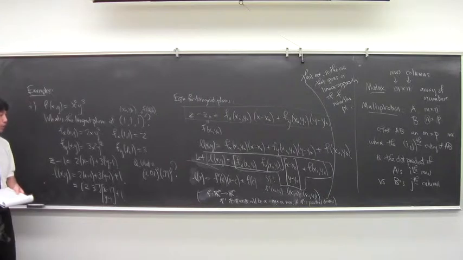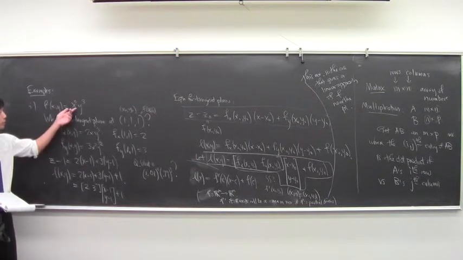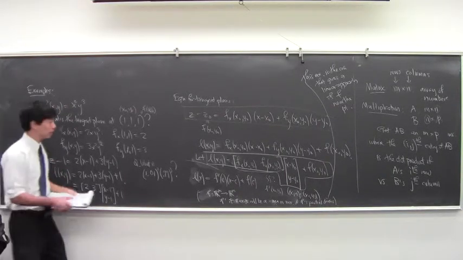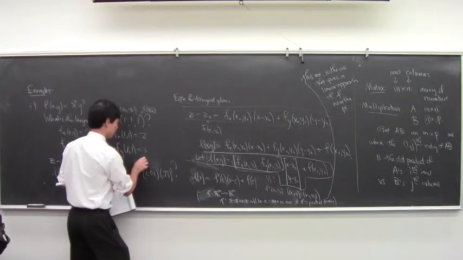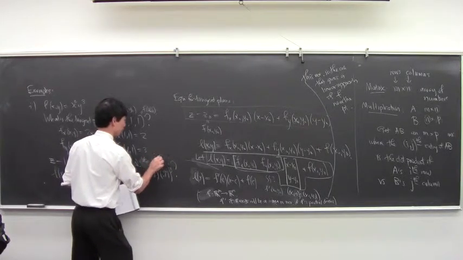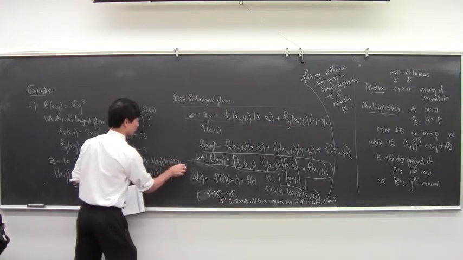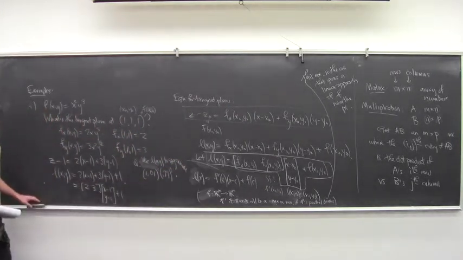I don't want you to tell me exactly what it is, but I'd like you to use the linearization to give me an approximate answer. So here's the question. Use L of x, y to approximate this thing.